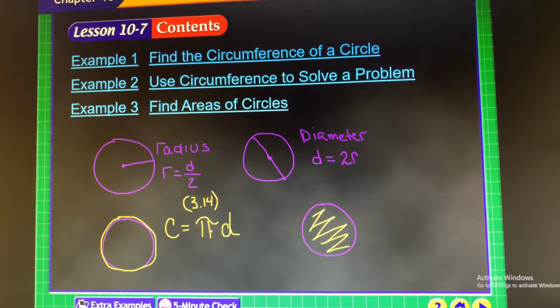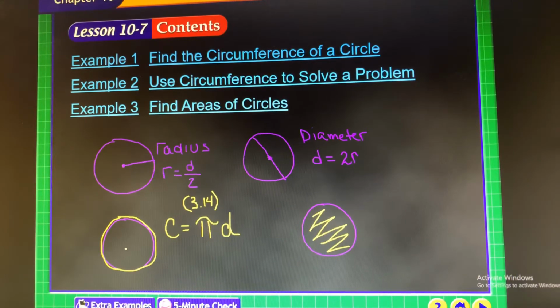So keep that in mind when you're checking your answer in the back of the book. If your answer is slightly off, it's because the book used 3.14, which is an approximation of pi. So just remember that.